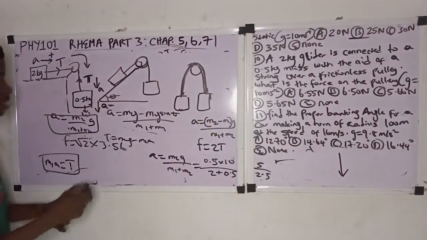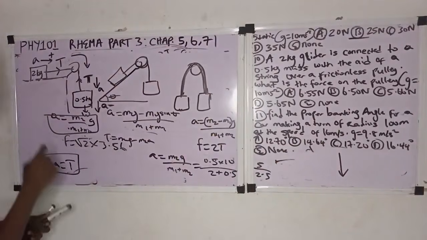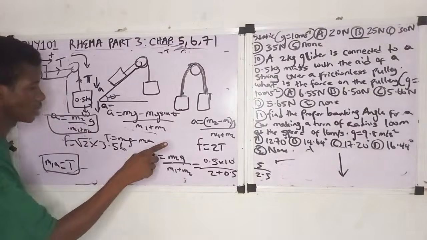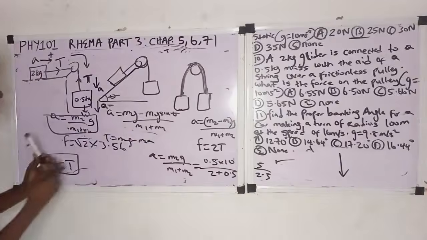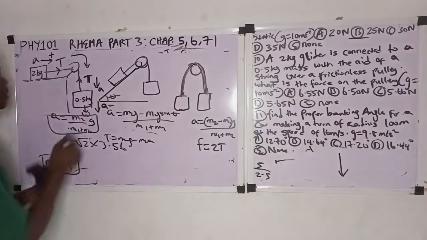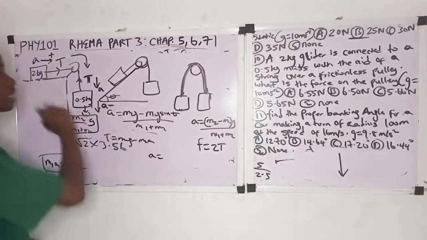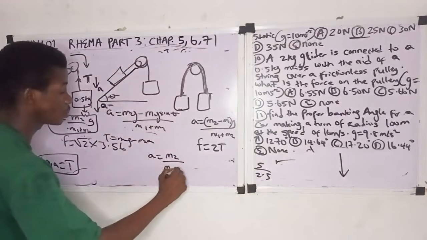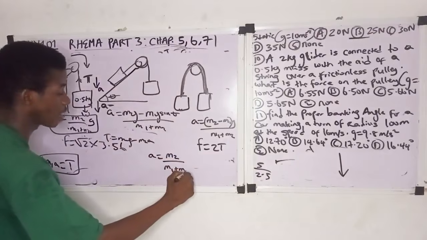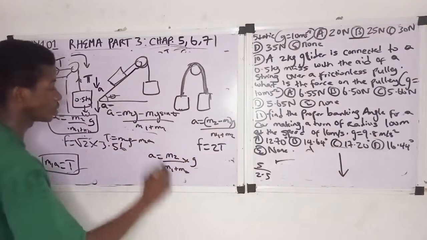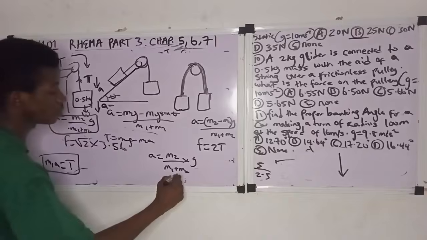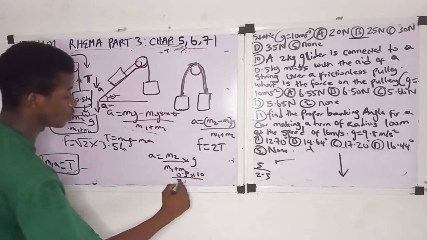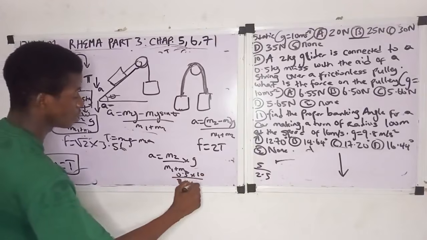So let's do it again. Let me calculate the acceleration. In an electric glider, the acceleration is M2 over M1 plus M2, times G. Our M2 is 0.5, G is 10, then M1 is 2 plus M2 is 0.5.